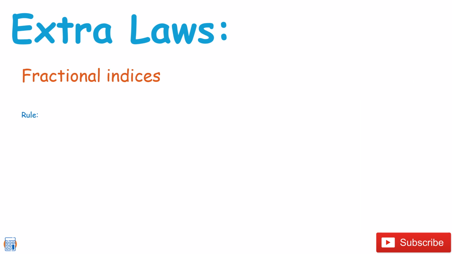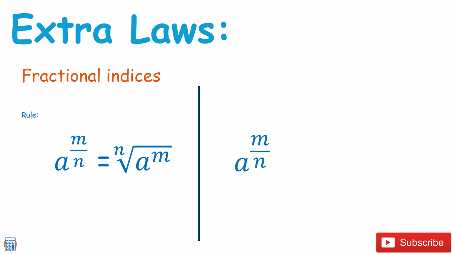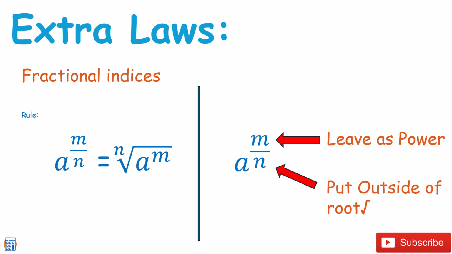Same goes for fractional indices, so you could remember this equation here. a to the power of m over n is equal to the nth root of a to the m. That is a mouthful of an equation there. I do not remember that. So I split it up. I only really remember this: for a to the m over n, you leave the top one as the power, and the bottom one goes outside as the root.